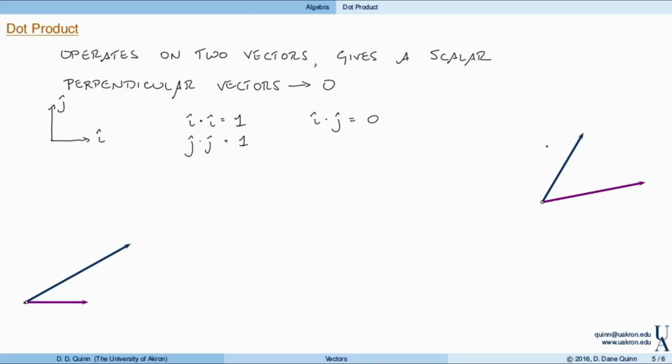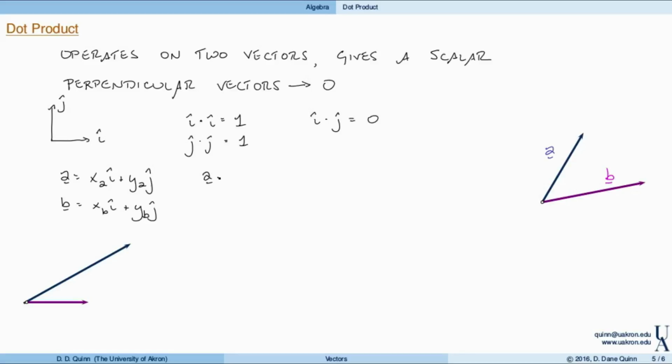So now let's go and look at two arbitrary vectors, say A and B. So here, let A be equal to xa in the i direction plus ya in the j direction, and let B be equal to xb in the i direction and yb in the j direction.